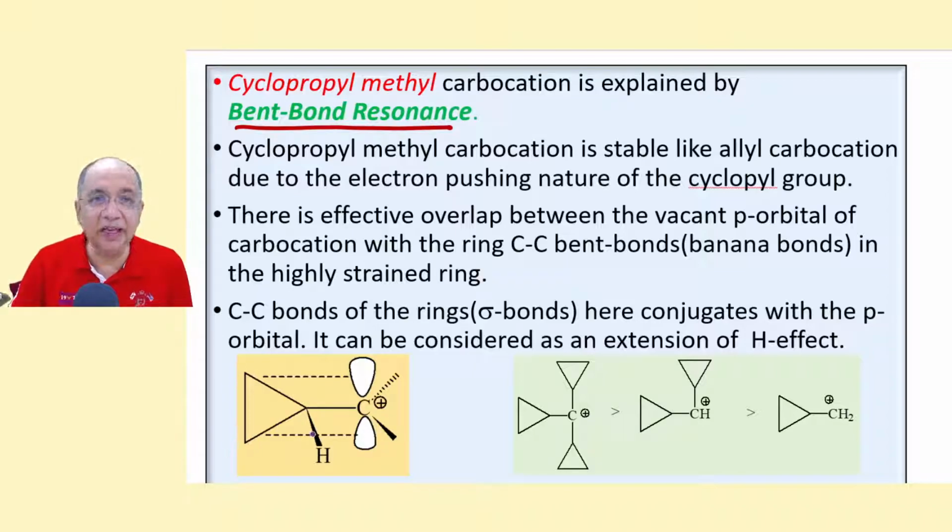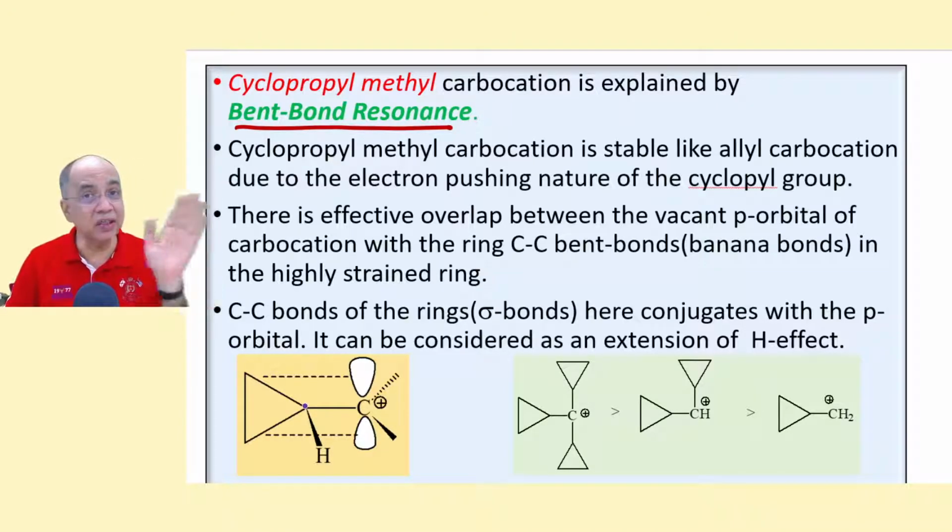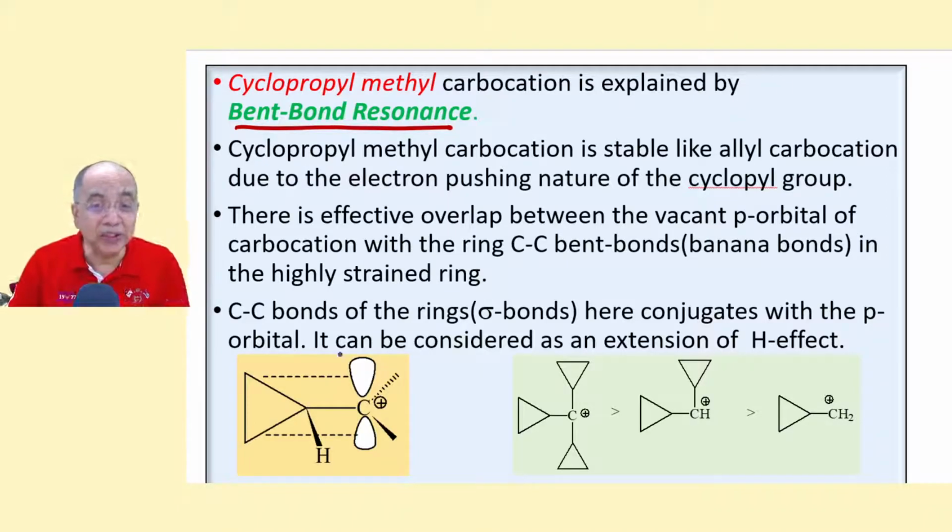This is a highly strained cyclopropane ring where this CC bond is rotating, and this CC sigma bond at some time comes nearly parallel, cannot be exactly parallel, to the same plane as the empty p orbital and can undergo a kind of sigma-p overlapping to form a stable molecular orbital.